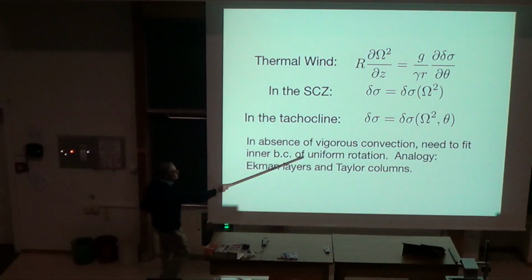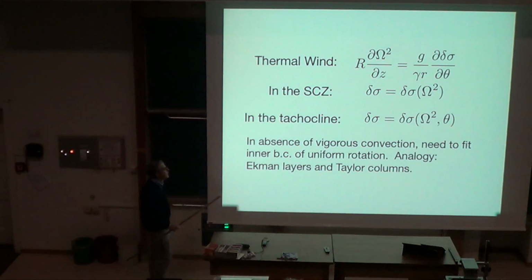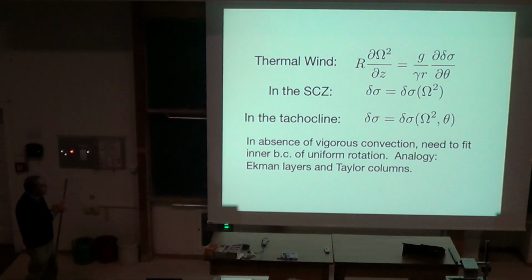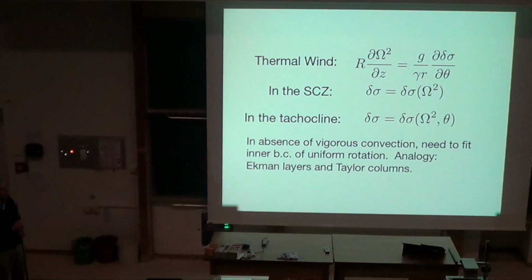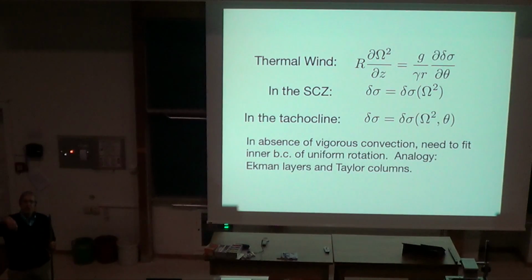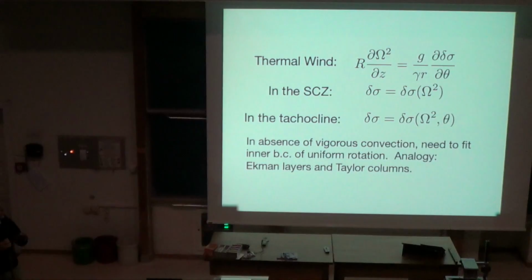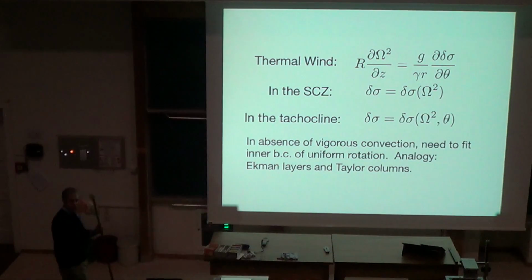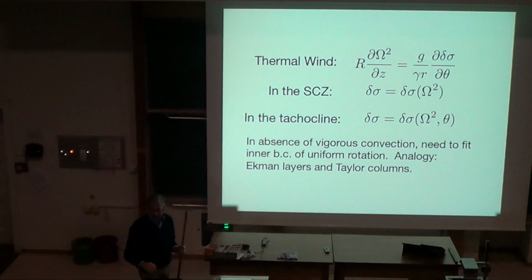So in the absence of vigorous convection, we need to fit the inner boundary condition of uniform rotation. Those of you who do fluids maybe remember the Ekman layers, where if I have, for example, a viscous fluid, the bulk of the fluid will be rotating on cylinders. Near the end caps, I have a very small region where the nature of the rotation profile changes abruptly. The sun has an analogous situation with its convective zone and its radiative interior.